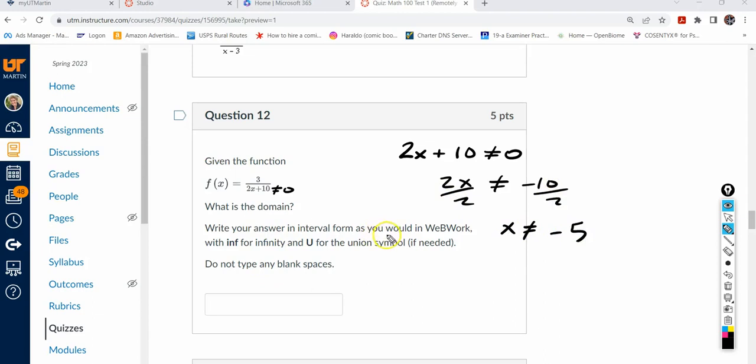But it says to write your answer in interval form. So if you don't know how to write that in interval form, then if we think about the number line, and if that's where negative 5 is, then x is allowed to be anything except negative 5.